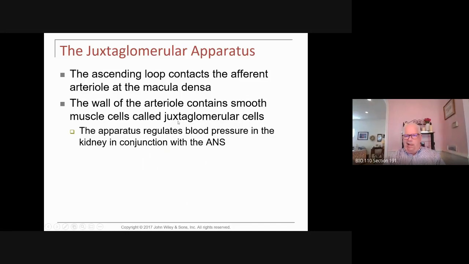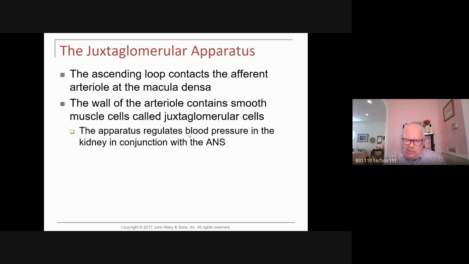These are the cells that produce the hormone enzyme renin that regulate your blood pressure. It starts the RAS system. And yes, I'm going to ask you more questions on the RAS system on exam number 3.